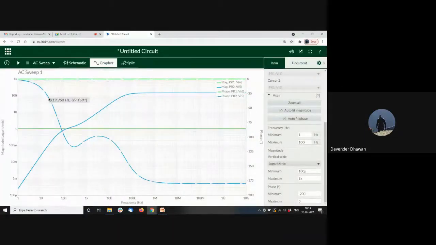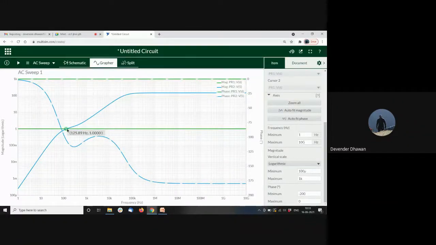Here you can see the phase also. This dotted line is for phase. At this point, 125, it has started increasing. Earlier it was 199 because the component values were different.